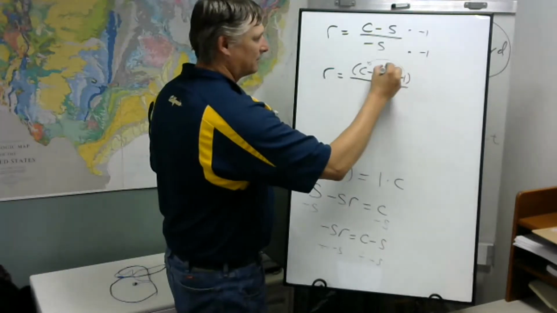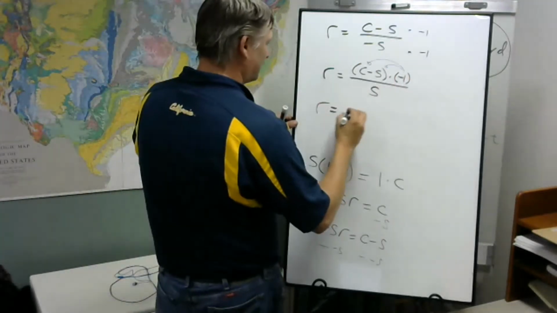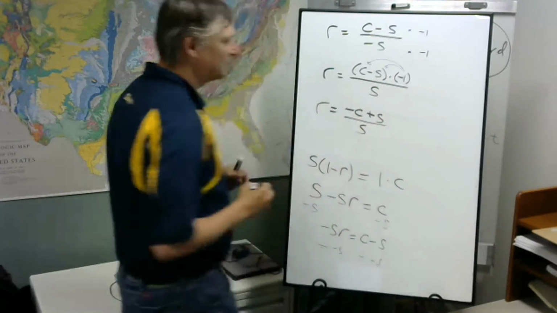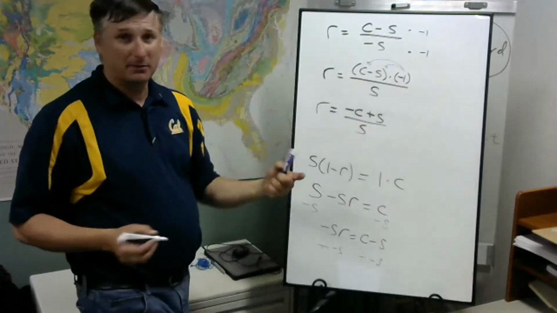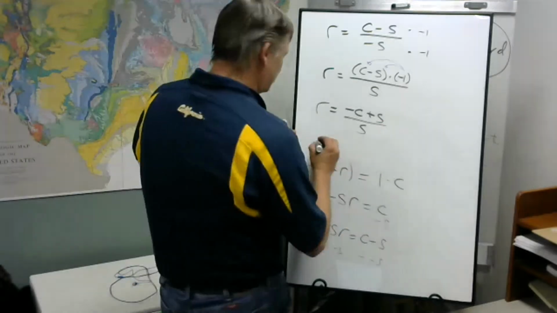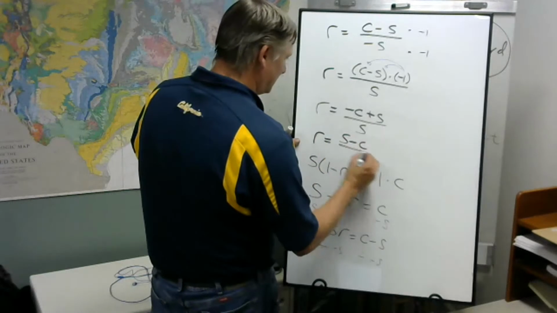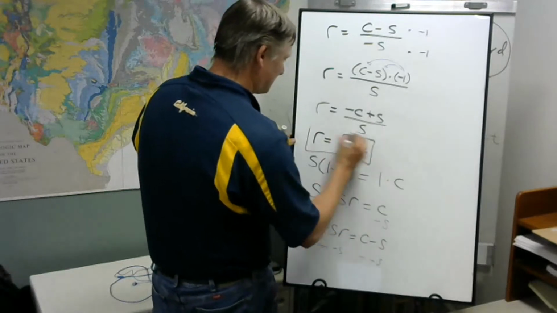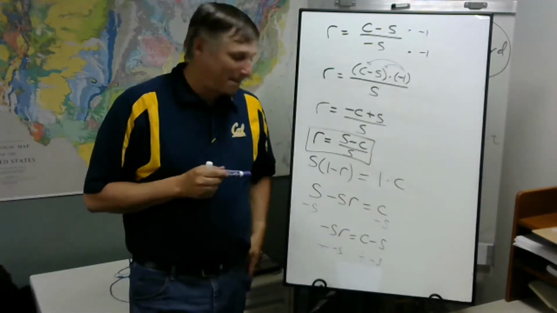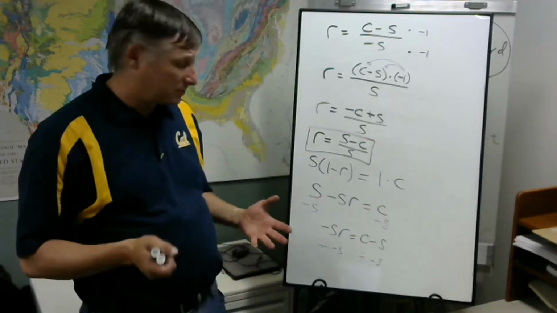Distribute this -1, and we'll get R is -C plus S over S. -1 times C is -C. -1 times -S is positive S. Or we can rewrite it a little smoother as S minus C over S. And there you go. And there's other approaches to that problem as well. There's a couple ways you can solve that one.